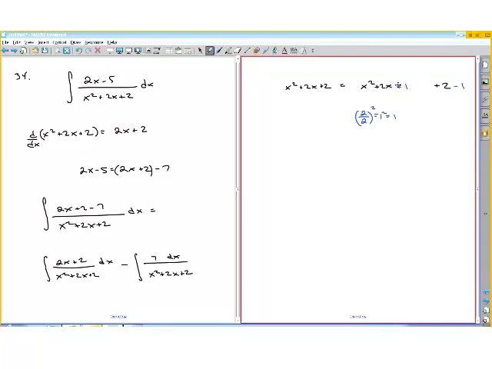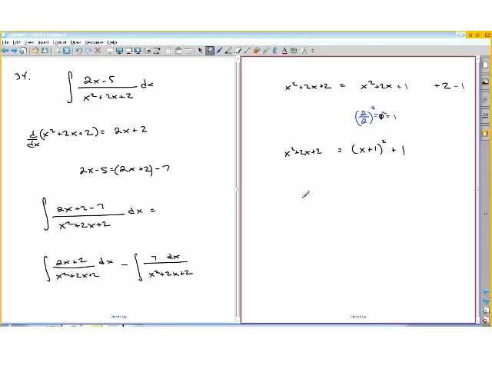Now, this can be rewritten as a complete square. So the complete square is always x plus or minus something, and that something is the term we had before we squared. So we're going to take x plus 1, square the whole thing, and then our two constants end up being just plus 1 because we have 2 minus 1. So we can say that x squared plus 2x plus 2 is equivalent to quantity x plus 1 squared plus 1.